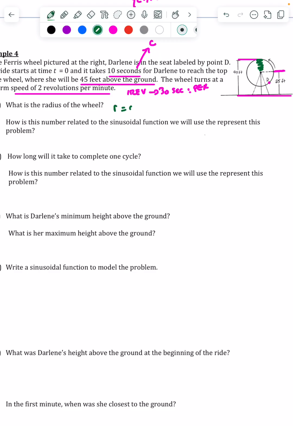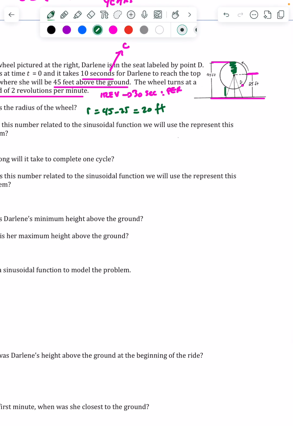So the radius r is 45 minus 25, which is 20 feet. And if the radius is 20 feet, this leaves me with this piece being 5 feet, because this is 20 and then 5, so for a total of 25.